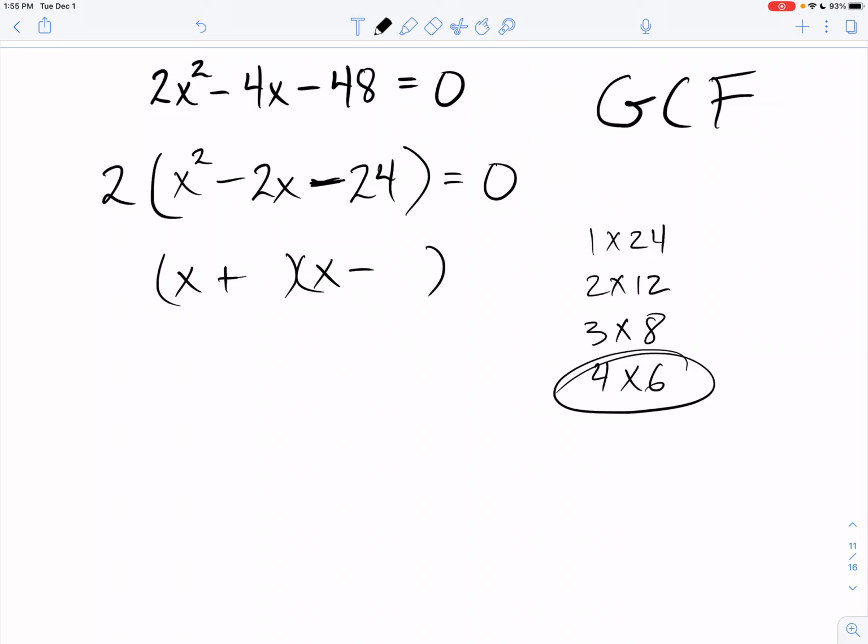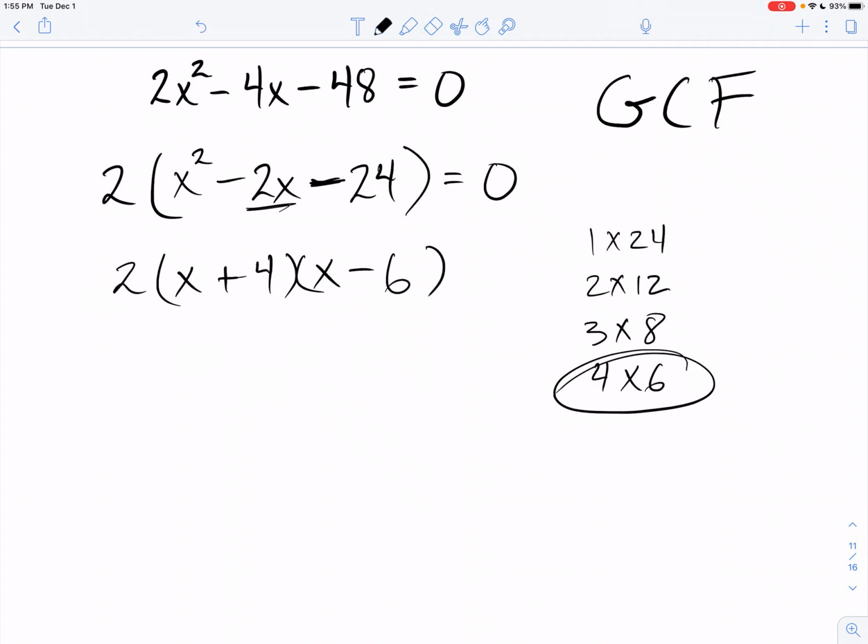Why do I want 4 times 6? Because I know that if I put a 4 here and a 6 here, check it out, that would be 4 x's. That would be minus 6 of them. 4 take away 6, negative 2x. I'm going to erase that, but you might want to pause it and just kind of vibe on that for a second. But I'm going to get rid of this so it's not in my way.